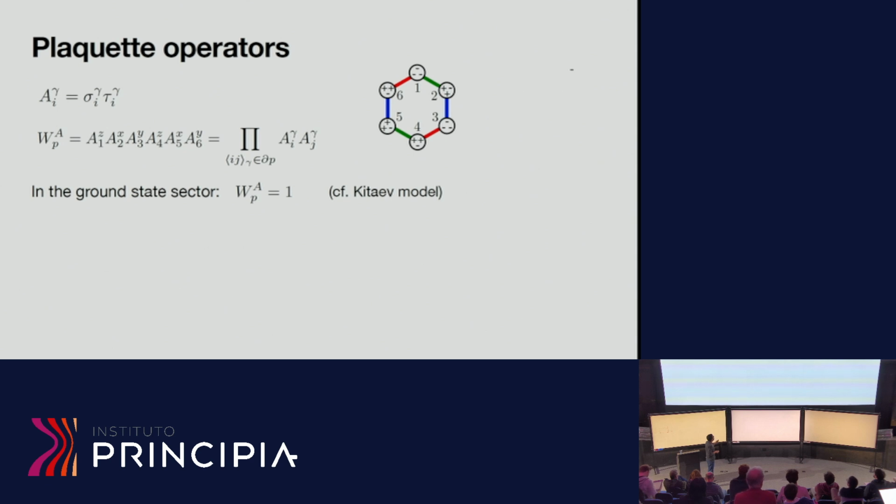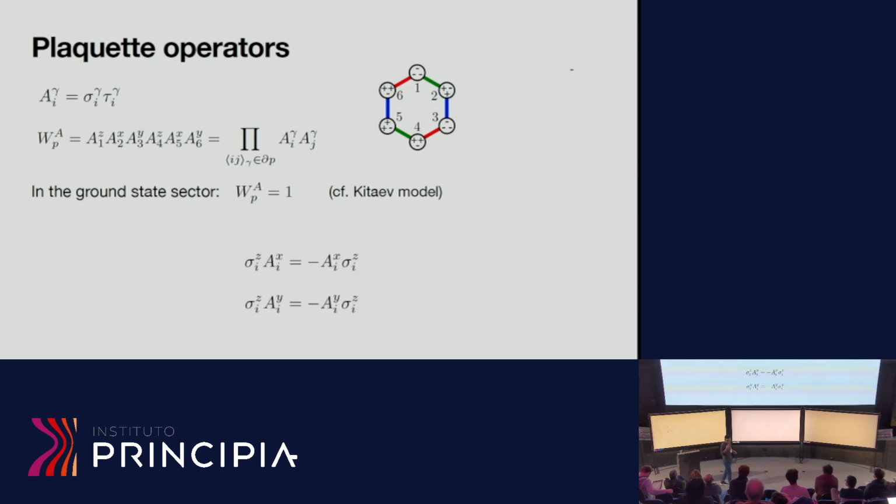Because you have this constraint that all three A's at every site multiply to -1, you can rewrite this in terms of products of A's around the bonds. And this will always be +1 in the ground state sector. So here there's also an analogy with the Kitaev model, in the sense that the ground state sector is defined by having this uniform flux-like plaquette operator eigenvalue +1.